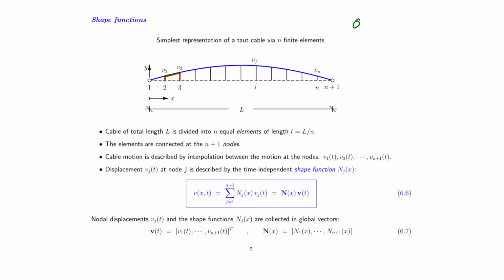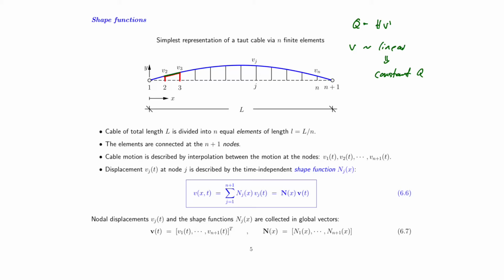Since the shear force or the transverse force is proportional to the derivative of our transverse displacement, then V must be interpolated at least by a linear function to obtain a constant Q force throughout our cable.